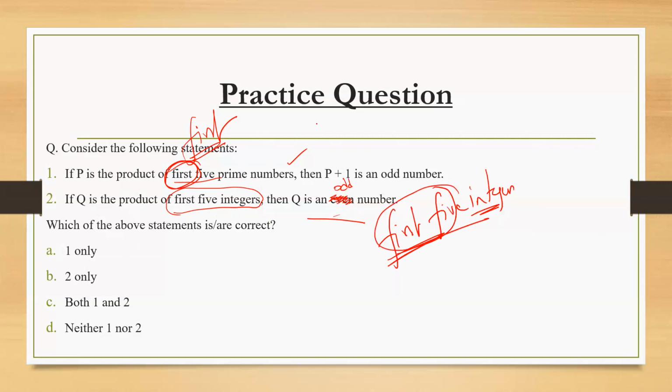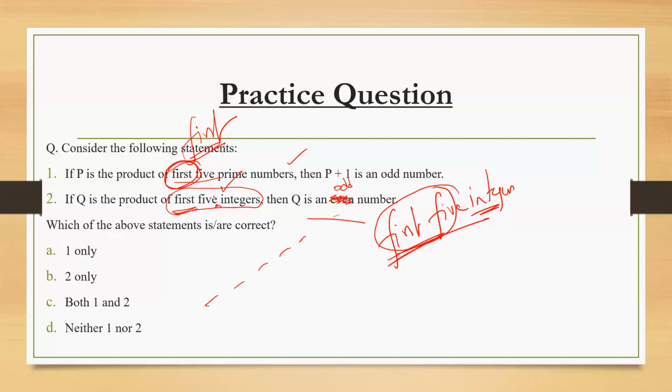First 5 whole numbers, again fine. First 5 natural numbers, again fine. But when I talk about first 5 integers, it could be anything. We do not know where we should start in the first instance. Is it clear, everyone? So it can be positive, it could be negative. So we do not know what is first 5.